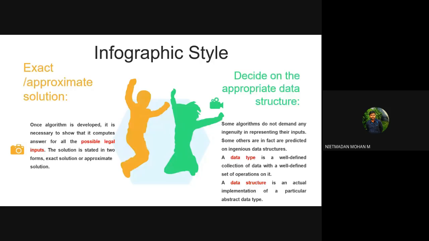If you are giving a minus value, that is minus 2.5, what will the output be, and if you are giving minus integer 2.5, what will the output be, and if you are giving 0, what will the output be. So this kind of possible legal input you want to substitute in the algorithm, and you want to find out the problem and give the solution also. So this is an extract of approximate solution. This is the third point.